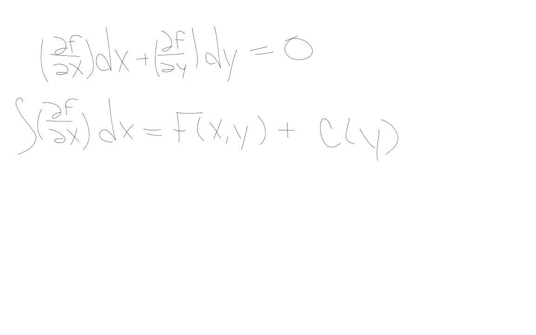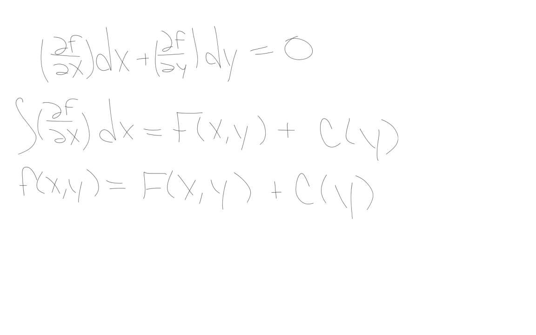So even by taking the integral of partial f with respect to x times dx, I only partially recover my total function f of x, y. So now f of x, y is equal to this capital F of x, y plus c of y. And so the question here is, how do I solve for this c of y?